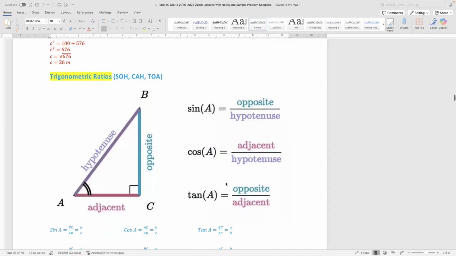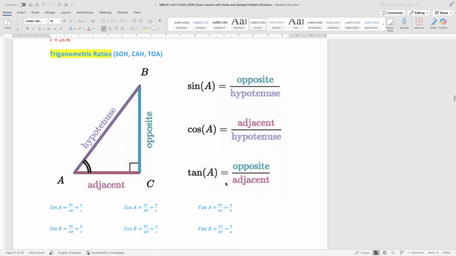It comes in handy when we have to solve problems, for example, the height of a pole. If you want to find the height of a pole that is, say, 60 or 70 feet tall, but you can't climb it to measure it, then it's nice to have a way to solve that problem without having to climb the pole. That's where trigonometry comes in. We can take a measuring tape and measure from the base of the pole back a distance, the adjacent side, the flat part of this triangle right here on the ground.